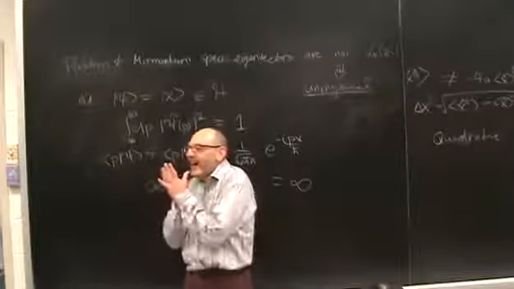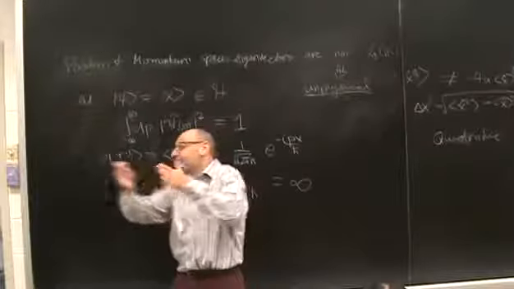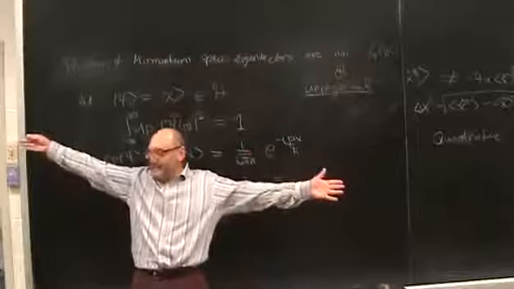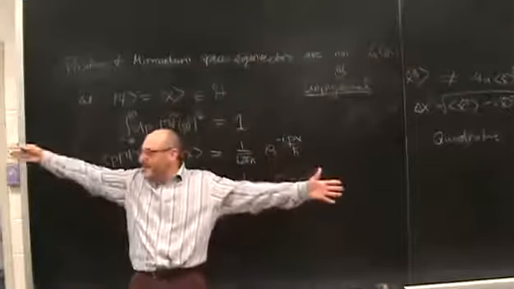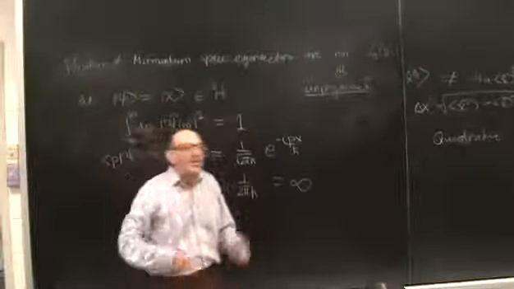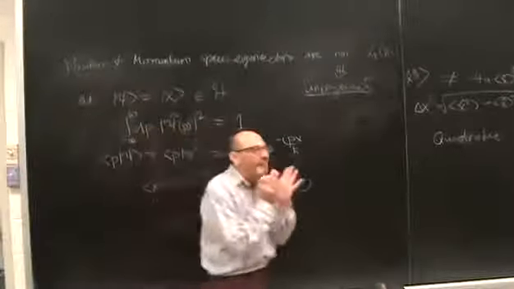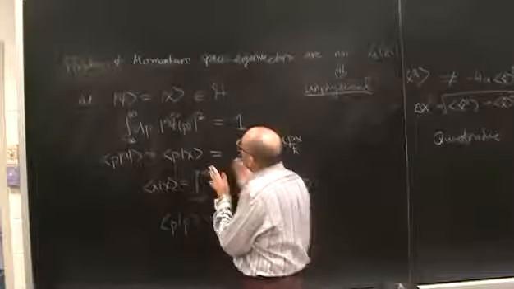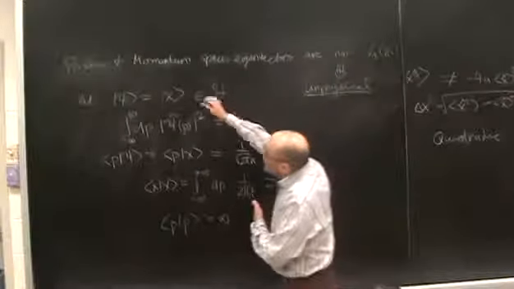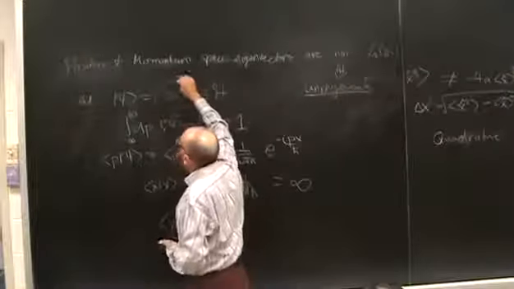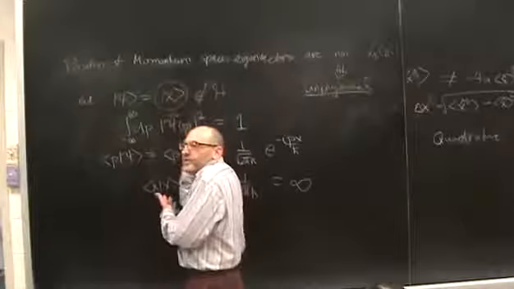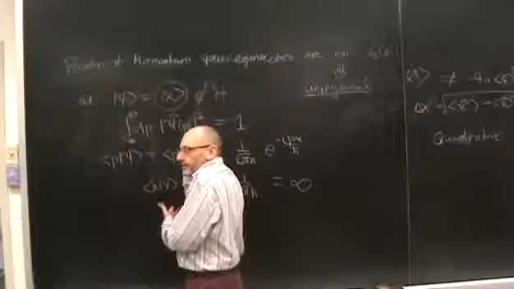If you have a position eigenstate, it has a spread, an uncertain momentum, to all possible momentum. It has an infinite amount of energy. Okay? You can never localize something to a point. You can localize it as close as you want, but not to a point. So it's no worry mathematically that these things are not in the Hilbert space. And the same thing for momentum, because it's an unphysical state.